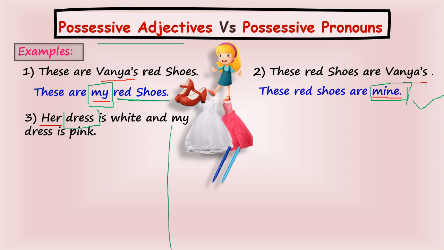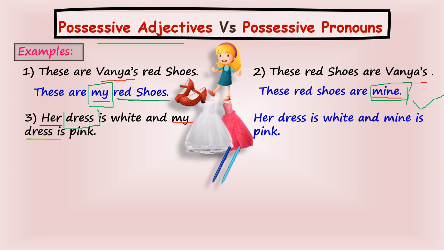And same here. My. My is describing dress, which is pink. Is it clear, children? Now see, if I change it into a possessive pronoun, what is going to happen?